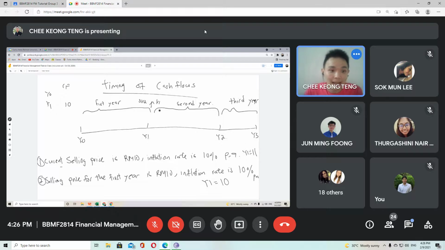So if you see the beginning of the second year, you should record it at year 1 also. You should assume that it happens at the end of year 1, because it's closer. It's impossible to record it at year 2, because that is the end of year 2 already. If the question tells you at the beginning of year 2 or the beginning of the second year, then you should know it's here.